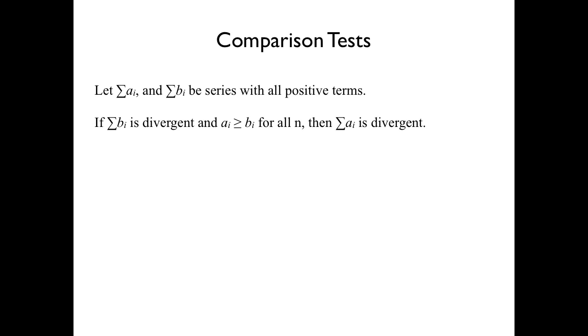Okay, there's something called the comparison test. We actually used this when we did the harmonic series. This is exactly what we used to show that the harmonic series diverged. Okay? So if you have two series with positive terms, we're asking about this one. So we have a series A_i.